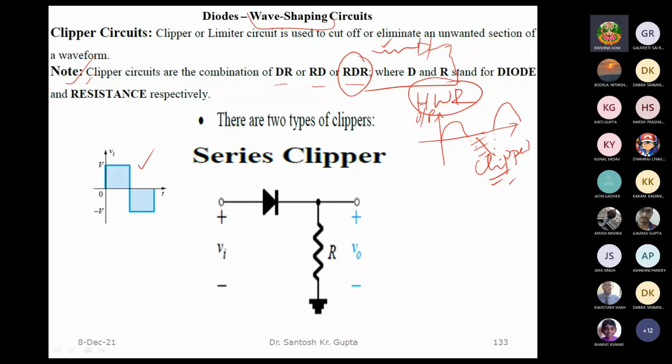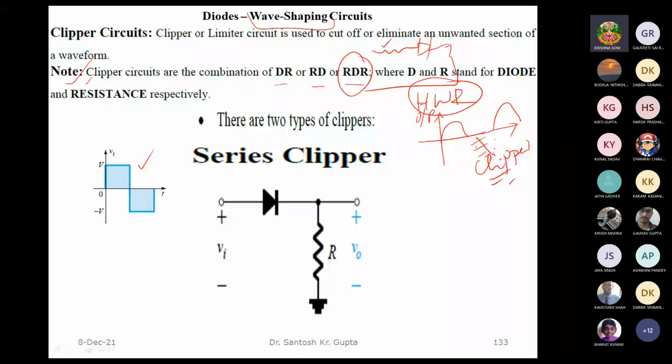Understanding is quite simple here. We can analyze this as follows: if we have a voltage applied across this diode such that on the P side it is a positive polarity of the voltage and on the N side it is a negative polarity, then this diode is going to be forward biased.